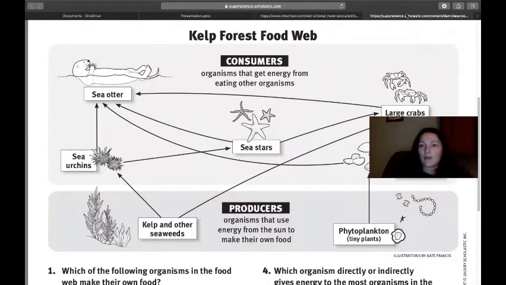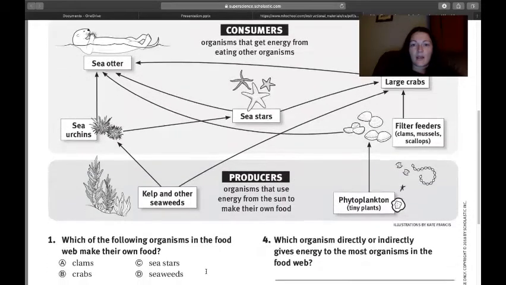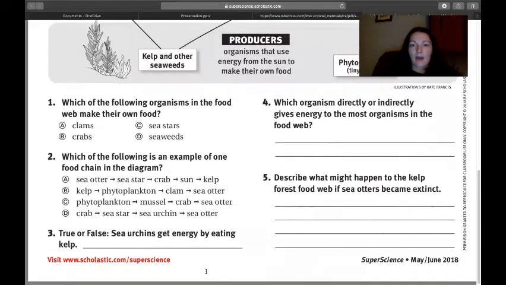Let me move so we can see it better. All right. So here it is. So pause the video here for a minute or two. Review, analyze each piece of this food web, and then come back, press play, and read these 5 questions.